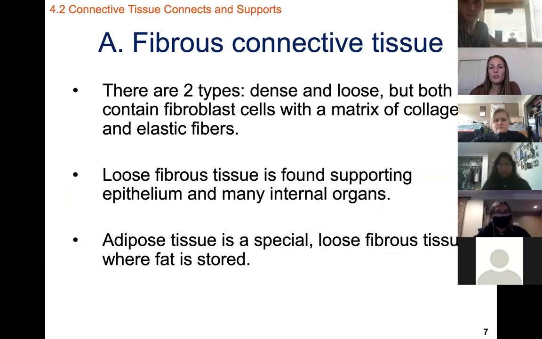So that first one was fibrous connective tissue. Remember, the two types were dense and loose. These contain fibroblast cells with a matrix of collagen and elastic fibers. I think of collagen, it's kind of trendy now to put some collagen in your coffee. I don't know if any of you do that. I don't. But collagen can support your skin and your hair growth and nails.